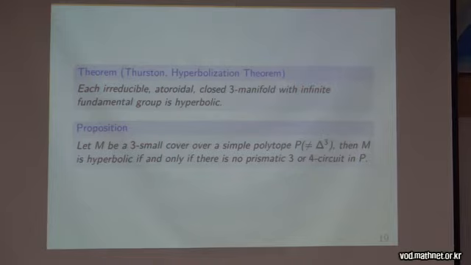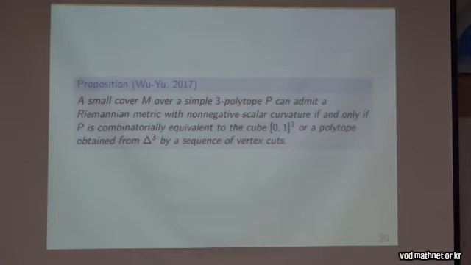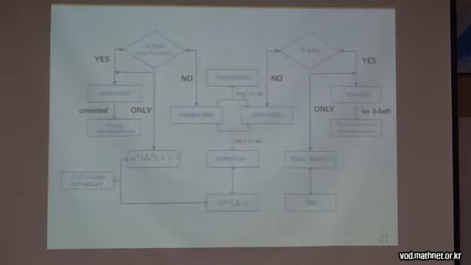And finally, we consider small covers which admit non-negative scalar curvature, if and only if the polytope is the cube or a polytope obtained from the dual 3-simplex by a sequence of vertex cuts. So in the end we get this figure.